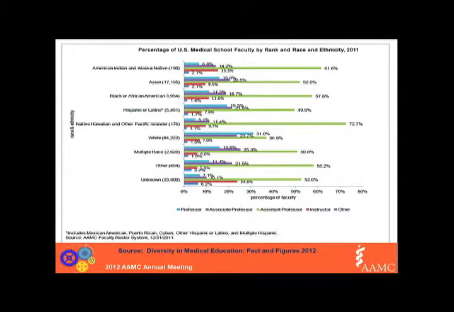And then when you drill down to look at differences based on rank, the disparity becomes even more obvious. There's only one racial ethnic group, that one in the middle, for which there is less of a spread of rank amongst faculty between assistant professors, associates, and full professors.